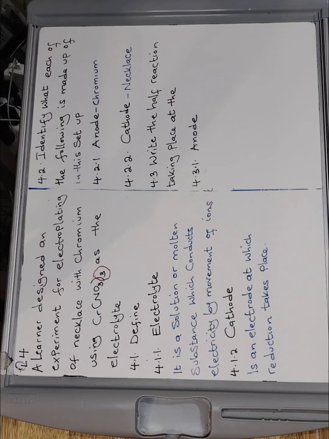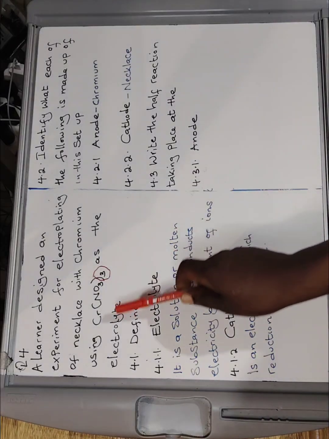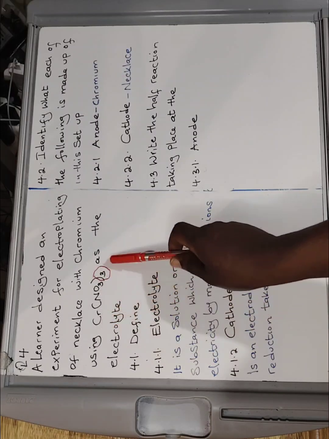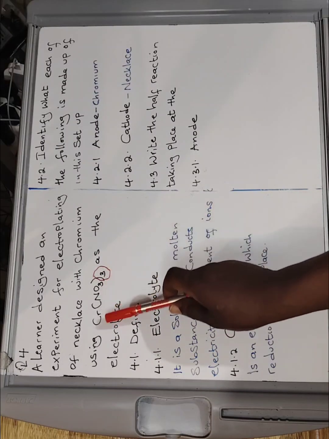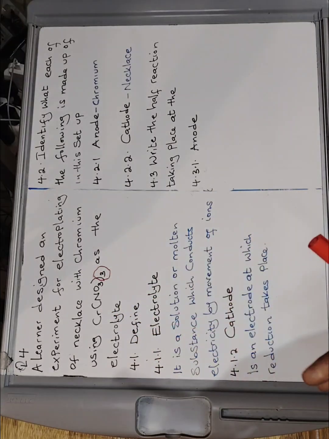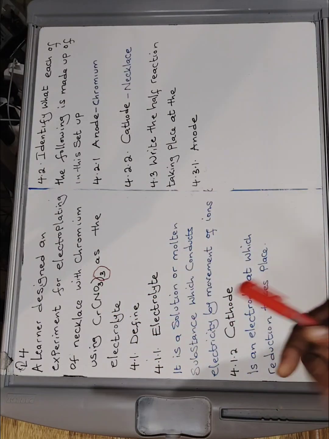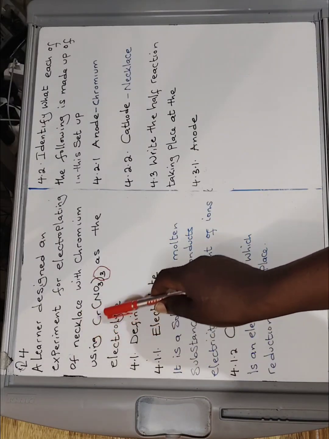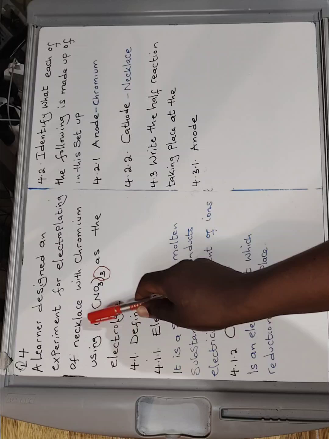So this compound, the formula, tells us in which oxidation number is chromium. You have to remember that nitrate has valence 1, and chromium can adopt several numbers.